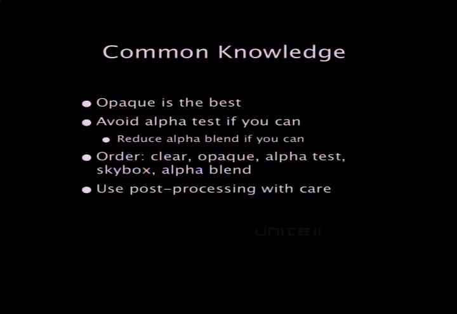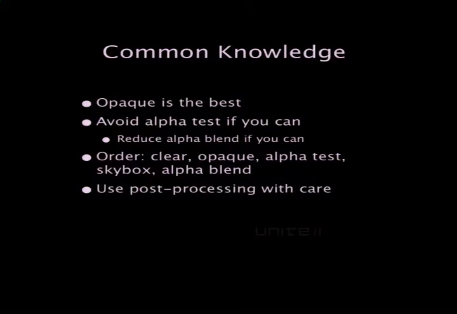So, let's start with the common knowledge. Probably everybody knows that already, but on the mobile devices, usually the opaque geometry is the best one you can get. And you should try to avoid alpha testing if you can, and you should reduce your alpha blended geometry as well. And here's the order, which is best.